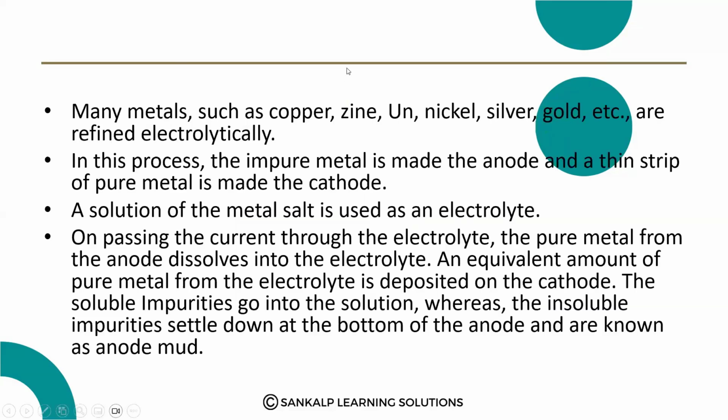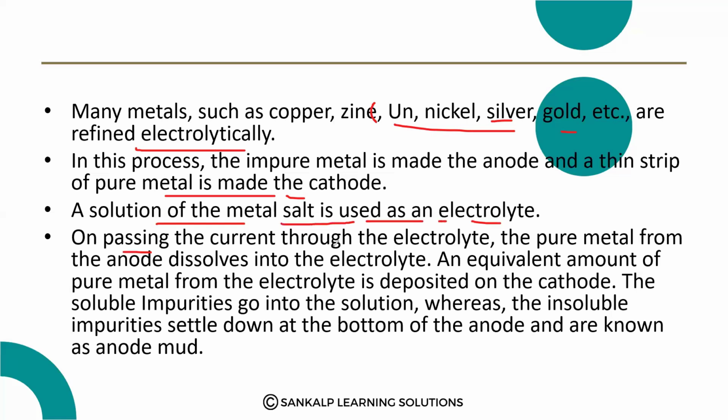Many metals such as copper, zinc, nickel, silver, and gold are refined electrolytically. In this process, the impure metal is made the anode and a thin strip of pure metal is made the cathode. A solution of metal salt is used as an electrolyte.